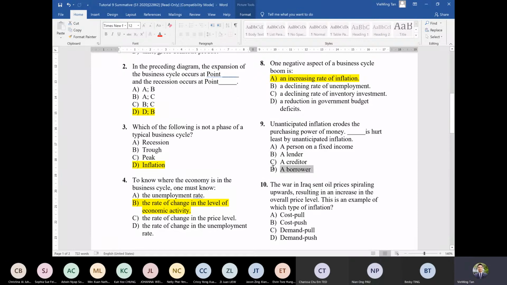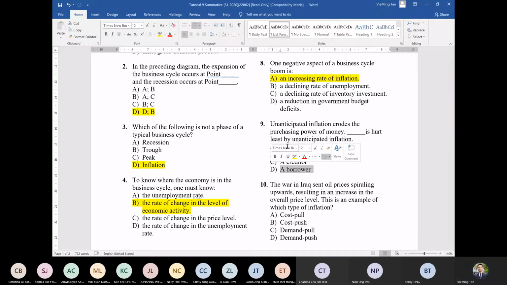This question is asking, among all these four, which one will get the least impact during the inflation time? That means who will get the most benefit during the inflation time? So the answer is borrower.